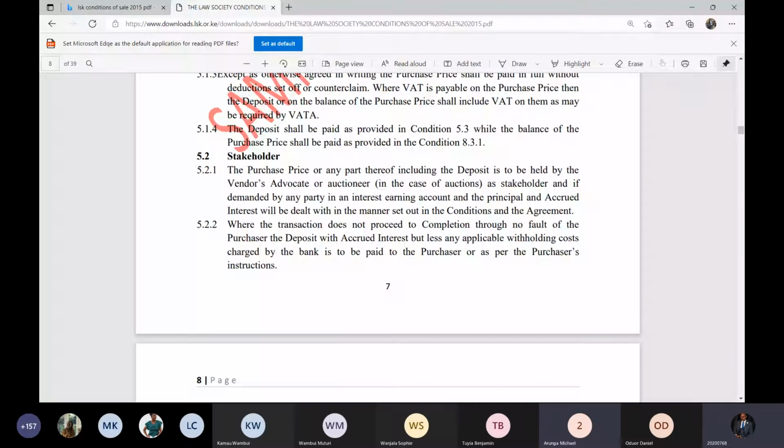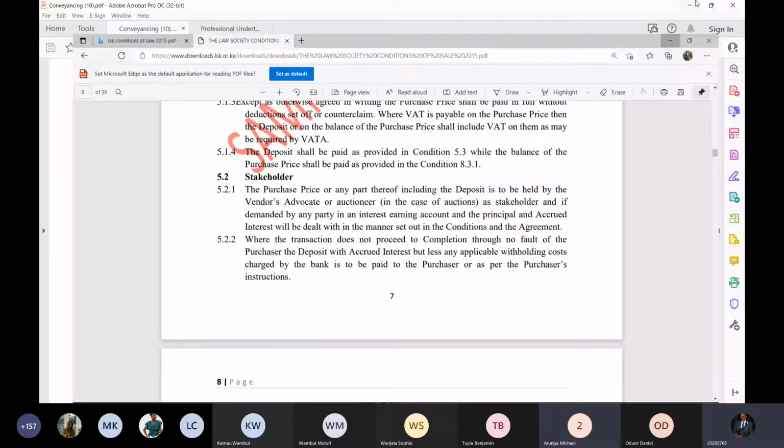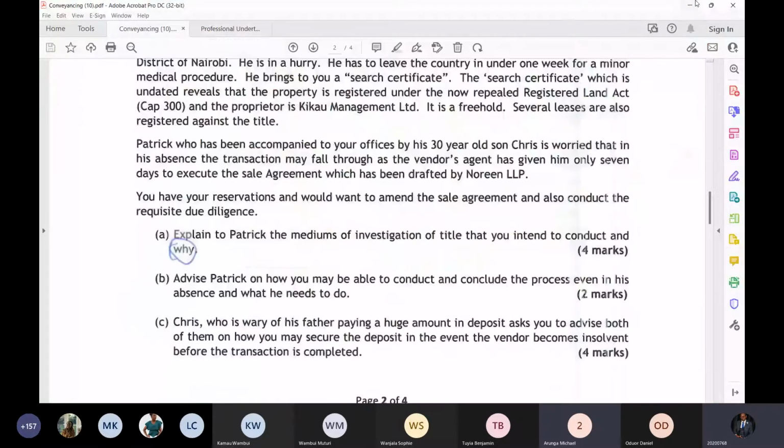Yeah, that's actually the answer. Stakeholder, or maybe escrow. You've heard of escrow accounts, stakeholders, and so forth. So the answer is simple. Under condition 5 of the LSK conditions of sale, the deposit will be deposited in the vendor's advocate's account as a stakeholder.